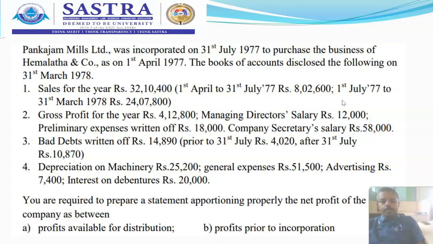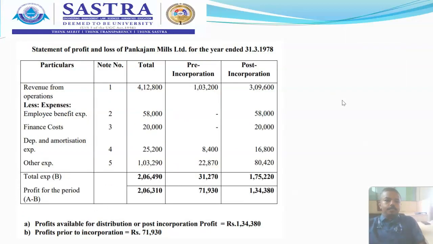Under other expenses, it comes around 22,870 for pre-incorporation and rupees 80,420 for post-incorporation. So altogether, it gives you a solution as follows, which is revealed in the table. The title is Statement of Profit and Loss Account of Pankajam Mills Limited for the year ended 31st March 1978.